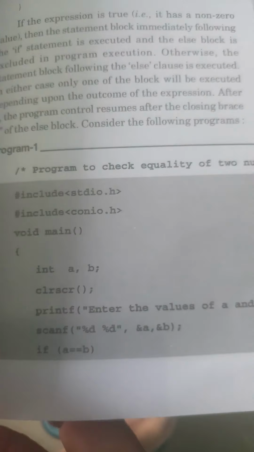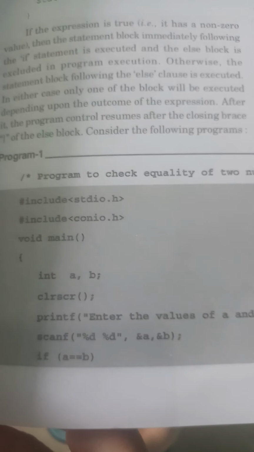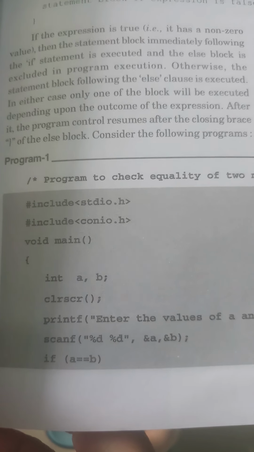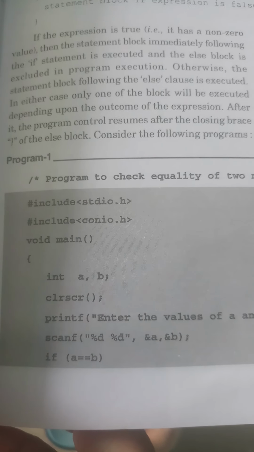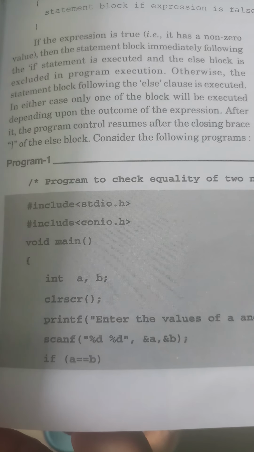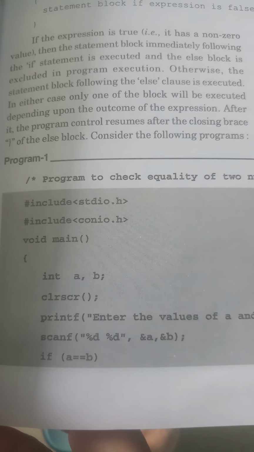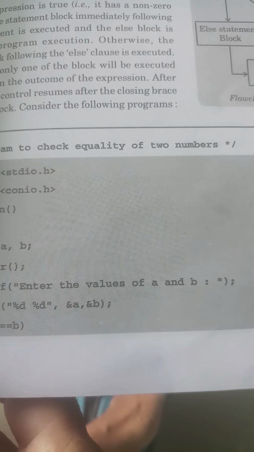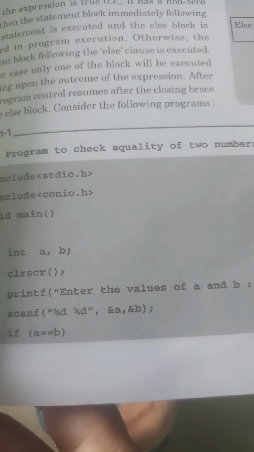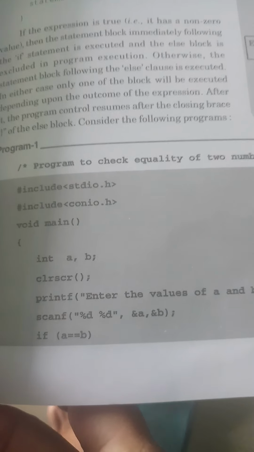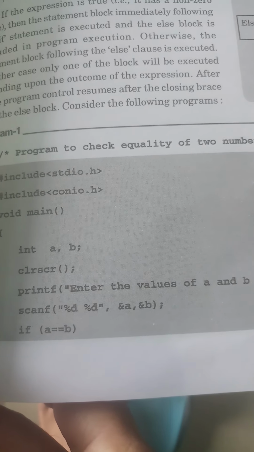Program to check equality of two numbers. #include <stdio.h>, #include <conio.h>, void main, int a, b, clrscr, printf enter value of a and b, scanf %d %d, a and b.